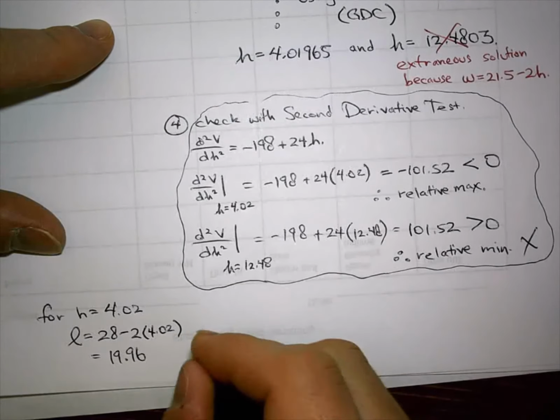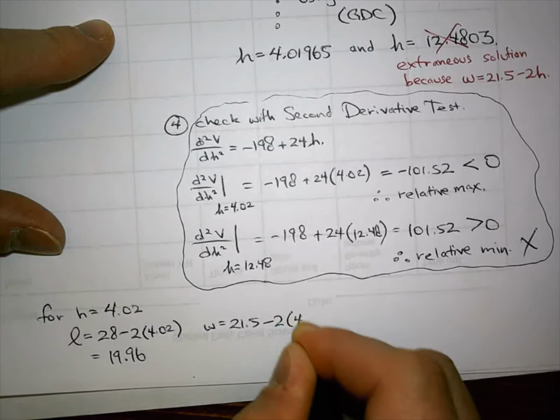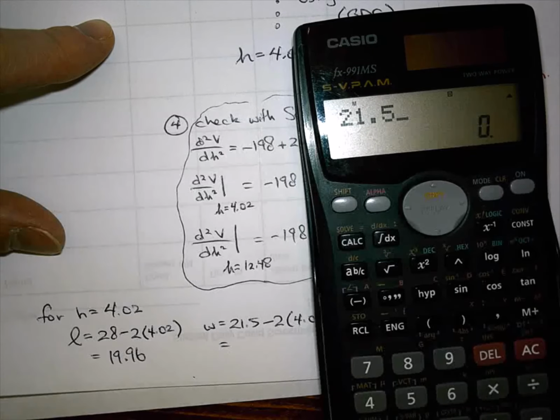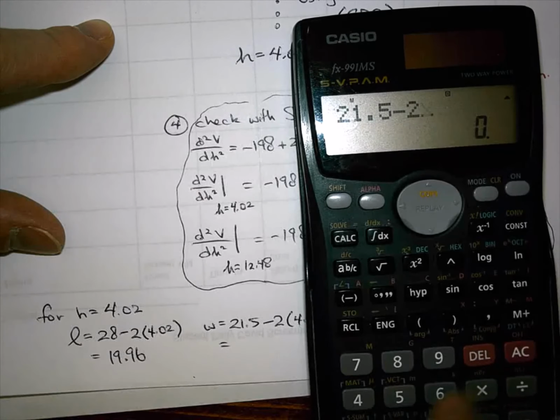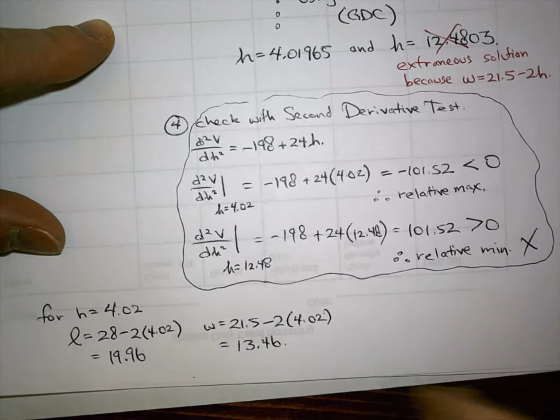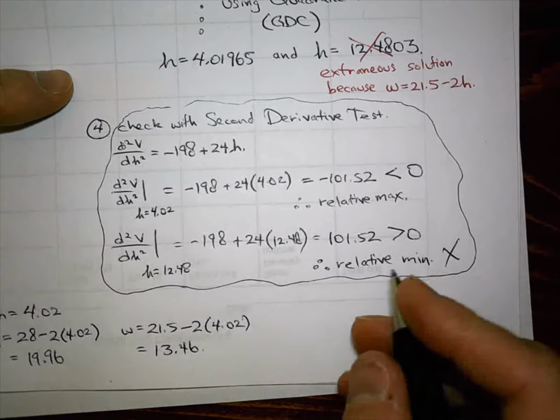And we need to find W, which is 21.5 minus 2 times 4.02, and that gives me 13.46. So now we have the dimensions of the box.